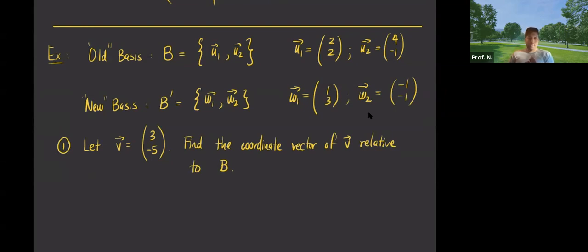So how do I find that? Let's take this step by step. How do we find the coordinate vector of V relative to B? What do we have to do?